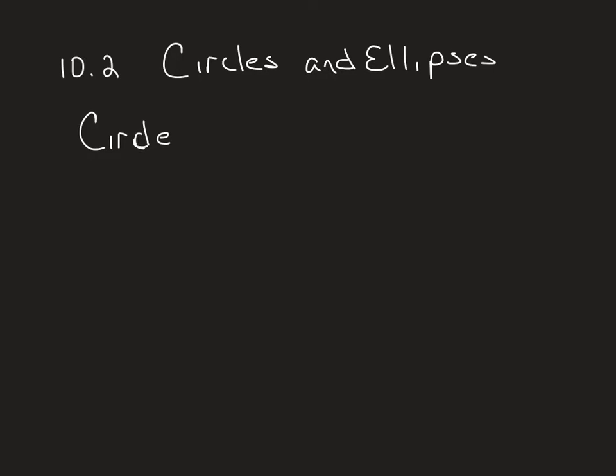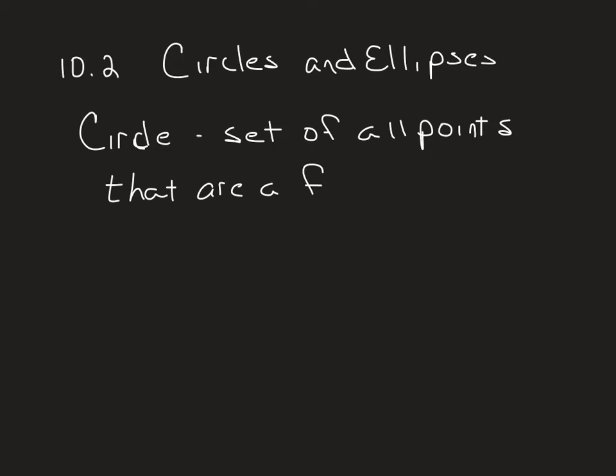I'm sure you've seen this definition before, but a circle is the set of all points in a plane that are a fixed distance from a fixed point called the center.